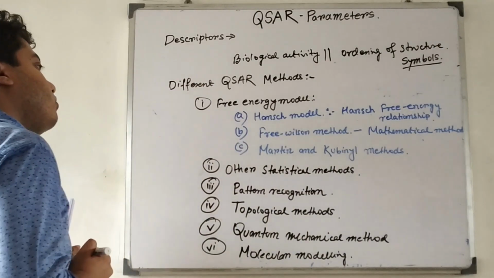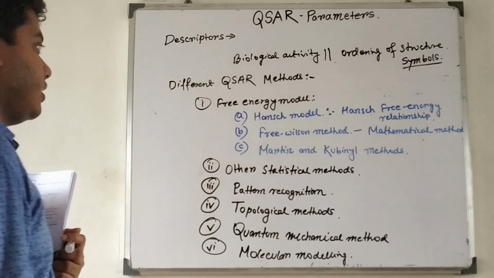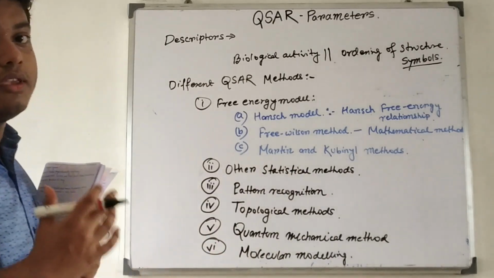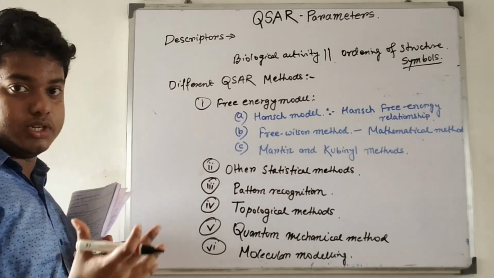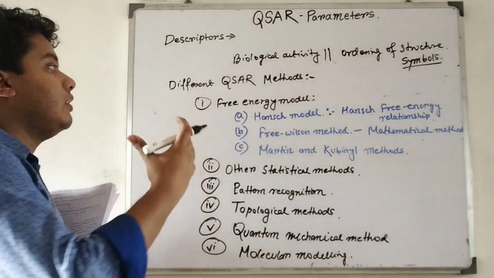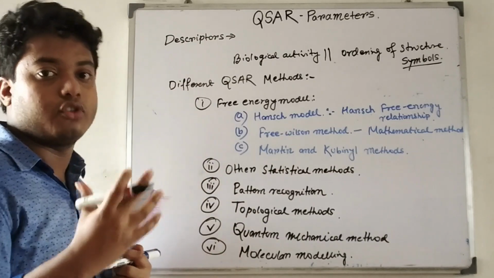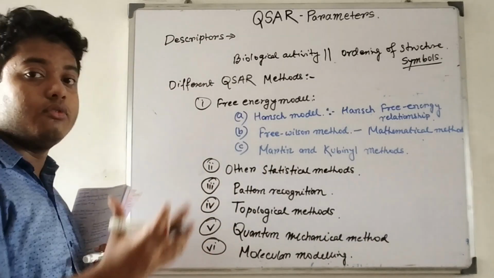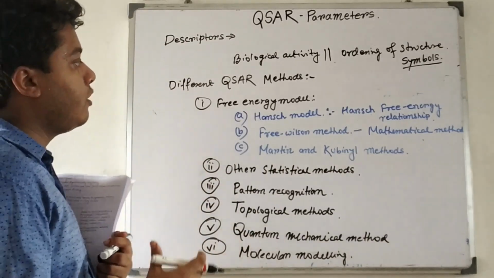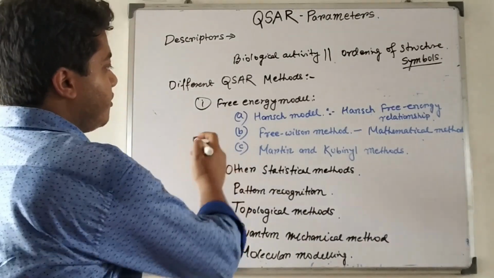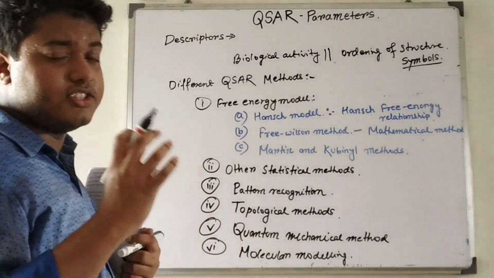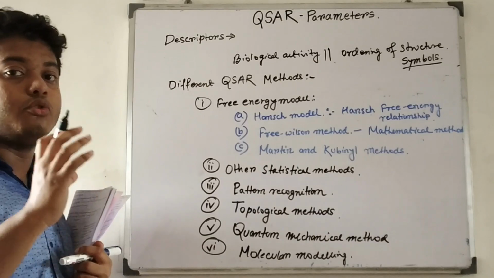Now we will discuss the different types of QSR. Listen, QSR is a mathematical approach. It is a prediction about the properties or the biological activities of a molecule, yet without synthesizing them. So we have to consider here that all these models that we will discuss are just predictions.